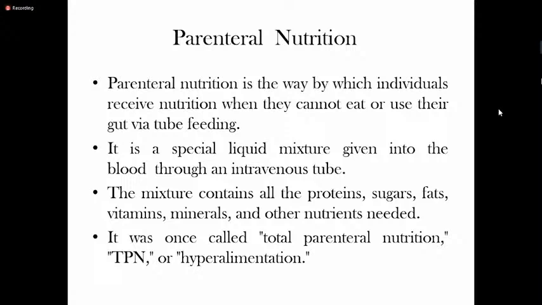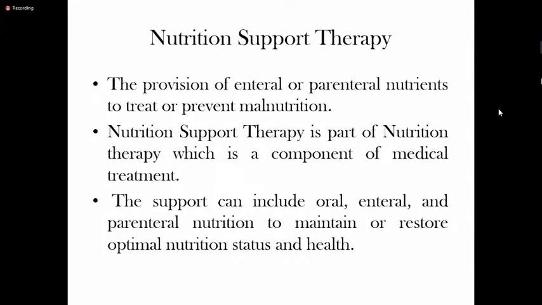The mixture contains all nutrients: proteins, sugars, fats, vitamins, minerals, and any other things needed. Sometimes water is added. This is also called total parenteral nutrition, which has an old title called hyperalimentation. Hyperalimentation does not mean feeding too much. It is feeding through the parenteral route.